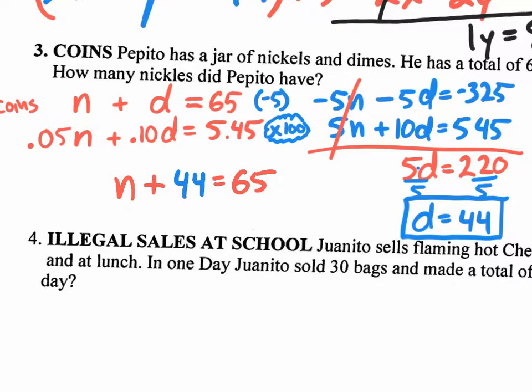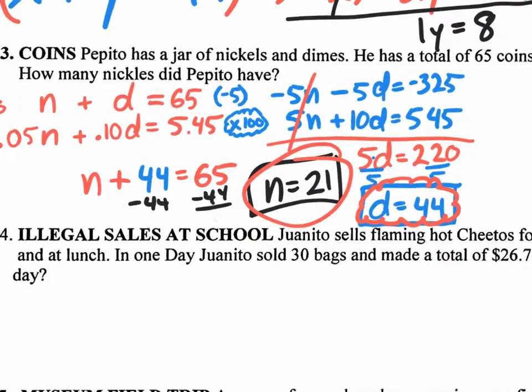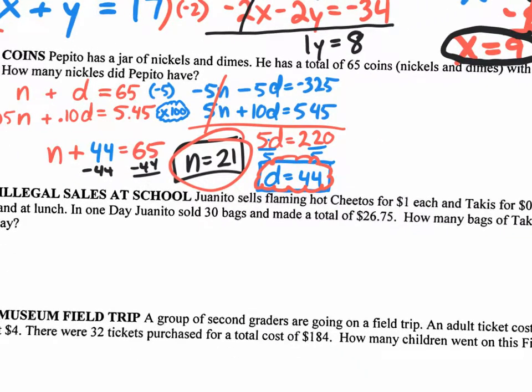So if you go 65, take away 44, we end up with n being 21. So they are not asking for dimes, even though there are 44 dimes, but they are asking for nickels. So the answer to number 3 is Pepito has 21 nickels.